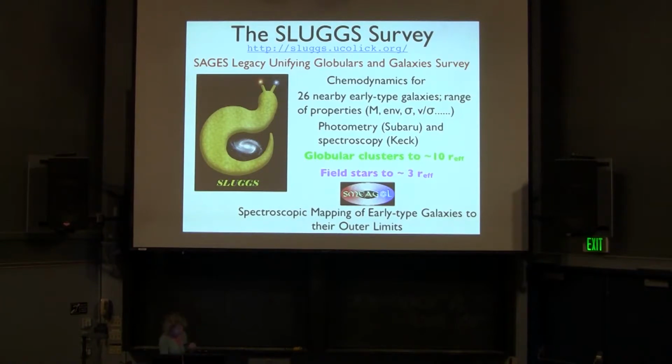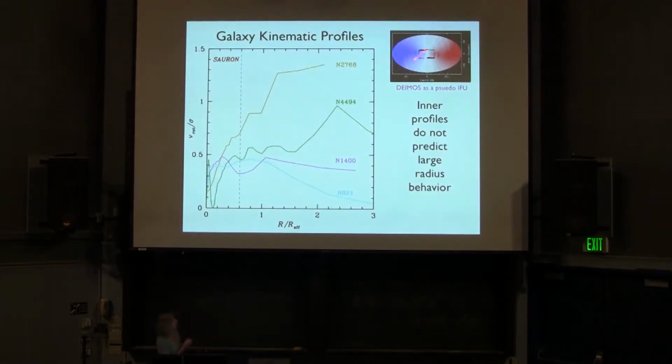On the next slide, we get wide-field two-dimensional maps of the starlight by using a technique that allows us to employ DEIMOS, the DEIMOS multi-object spectrograph, as a pseudo-IFU. Our results are velocity maps like this. This is the Sauron field right in the center there, and we're able to produce two-dimensional maps out to several effective radii.